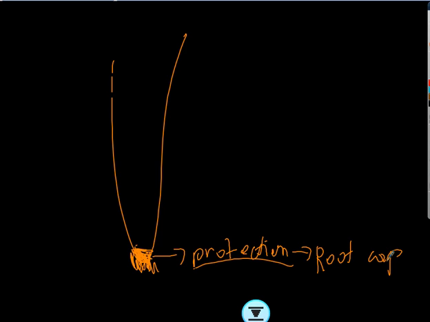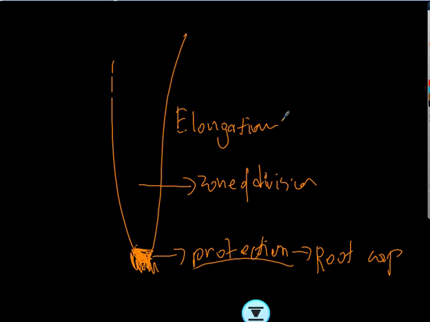Then the root has another zone, which is the zone of division. Here, this part is the zone of division. Then we have the zone of elongation, and then we have the zone of maturation.